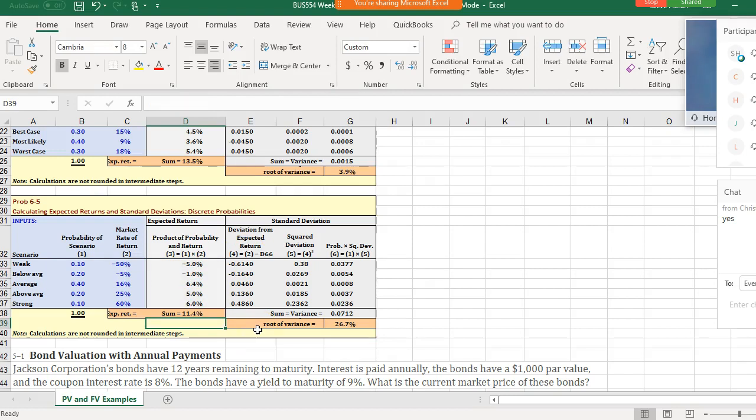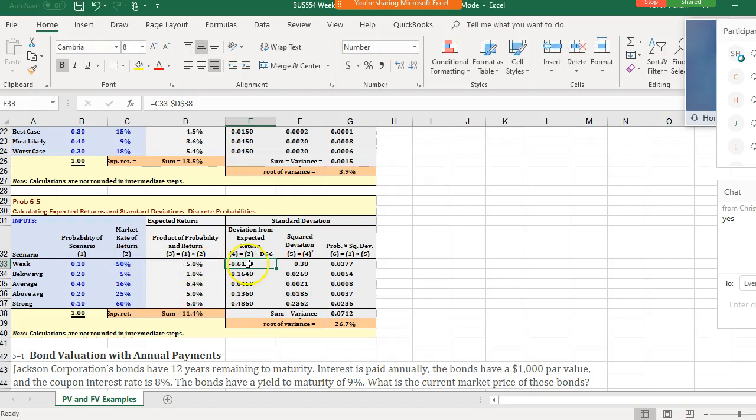So the answer is 11.4%. But then the question is, what's the standard deviation of that? The standard deviation is computed right here. It's taking this formula, taking the 50% and multiplying it by this amount right here.